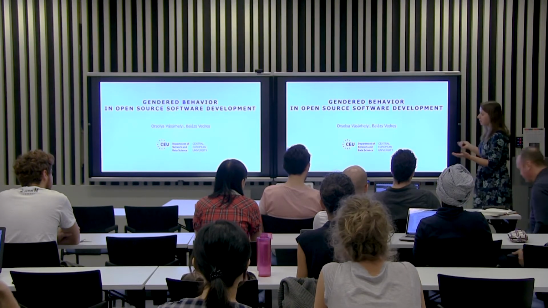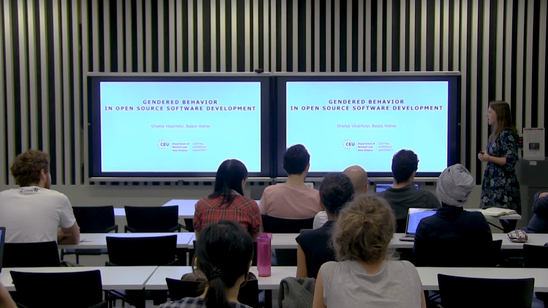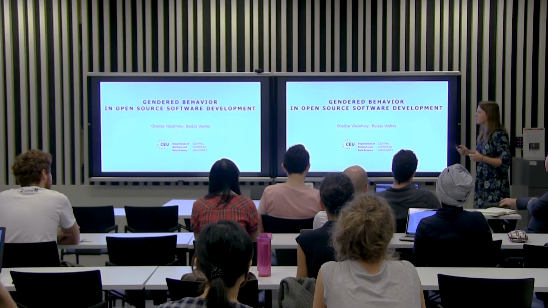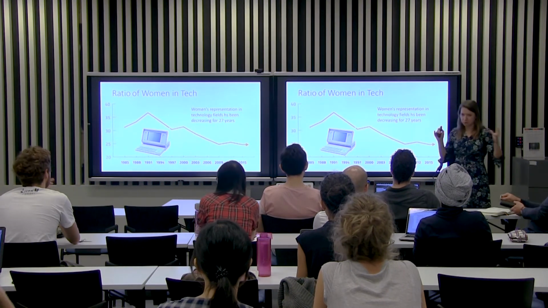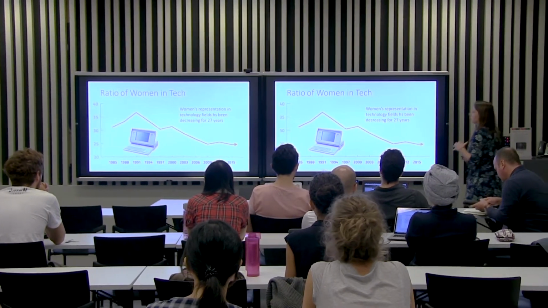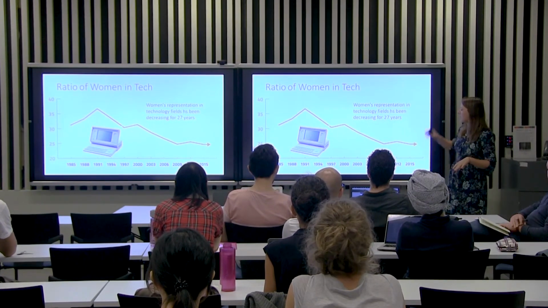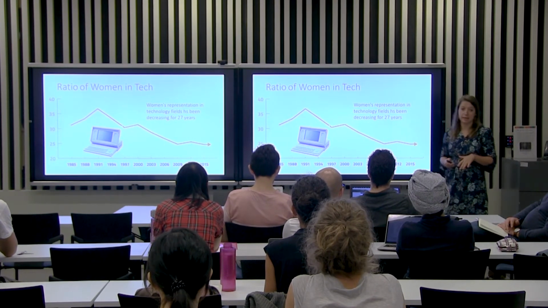So this is a paper we are working on with Balázs, who is my supervisor. And let's start. The core issue is that, as we all know, the ratio of women in tech has been steadily decreasing since the 80s.